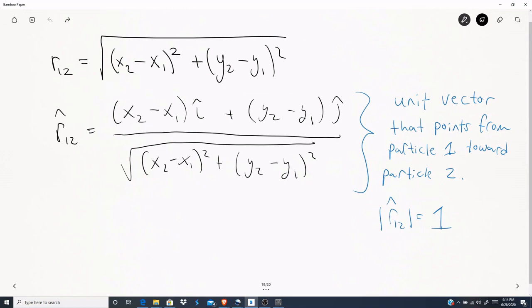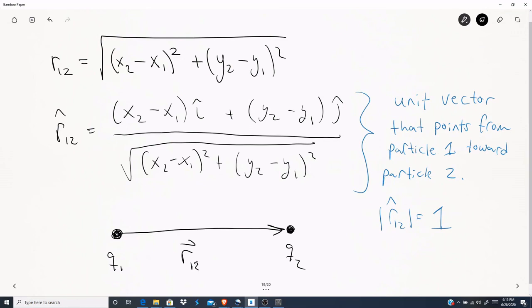R12 hat is a unit vector, and it's formed by taking the displacement vector from charge 1 to charge 2, and dividing it by its magnitude, which is the distance connecting them. So if I have charge 1 here, and I have charge 2, the displacement vector, R12, would be the vector which points all the way from charge 1 to charge 2.